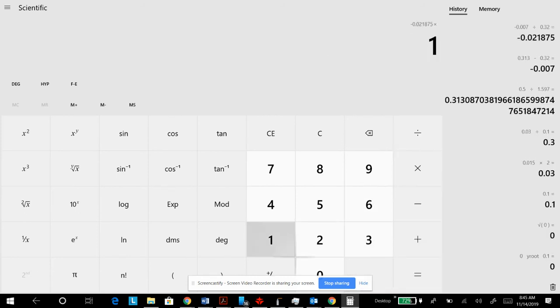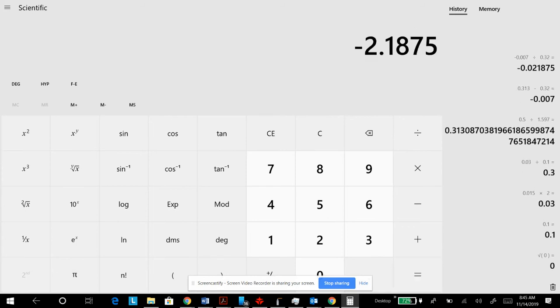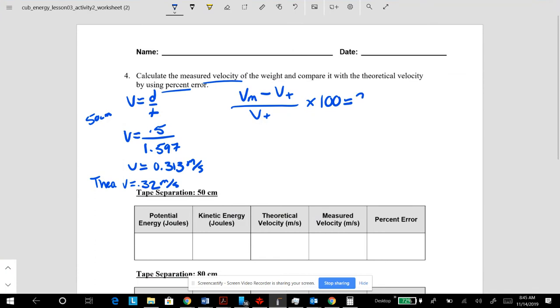And I'm going to times that by 100. So even though it's negative, I'm just going to convert it to positive. So I had a 2.19% error. So I'm going to go back here. And it's going to be 2.19% error. Do you understand how we got there? So that's how you figure that out.